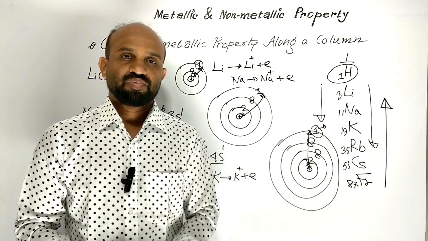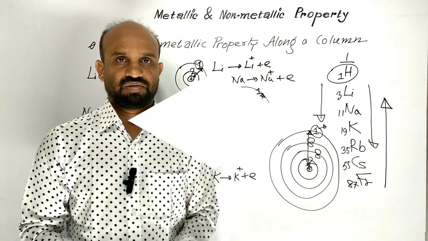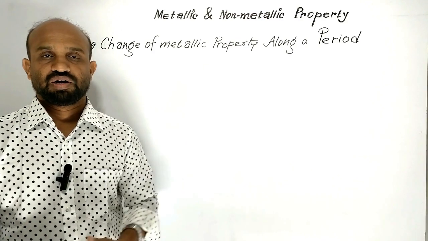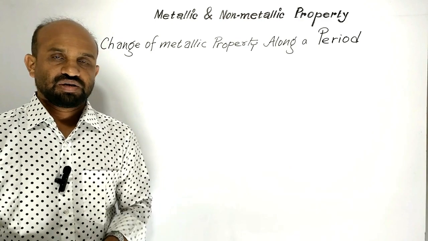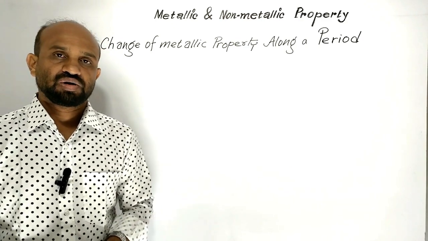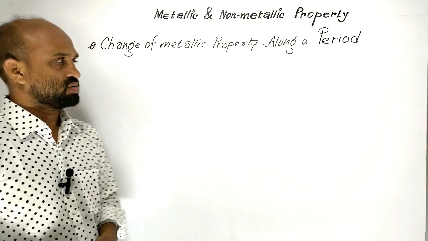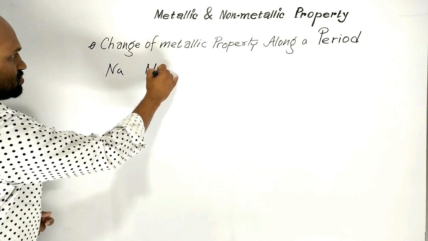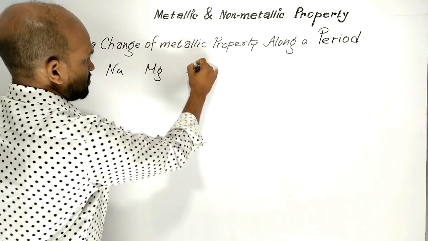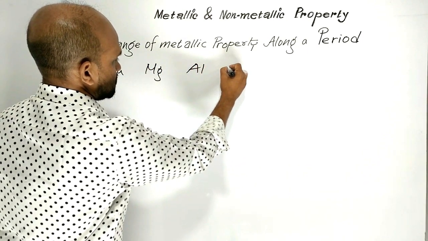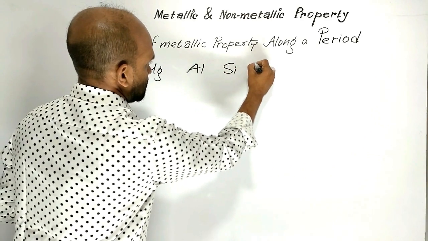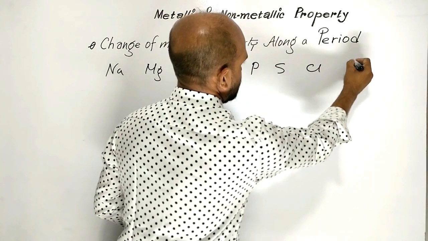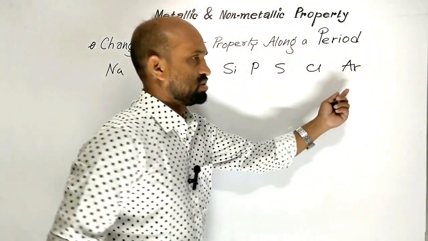Now let's see metallic property along a period. Let's write elements that belong to the third period. For example, sodium, magnesium, aluminium, silicon, phosphorus, sulfur, chlorine, and finally argon.